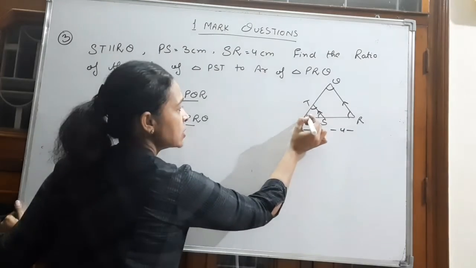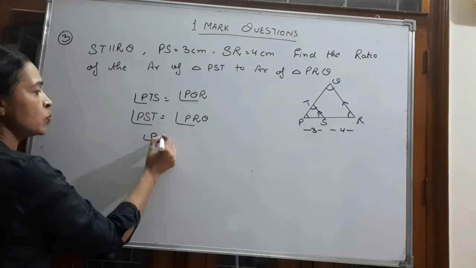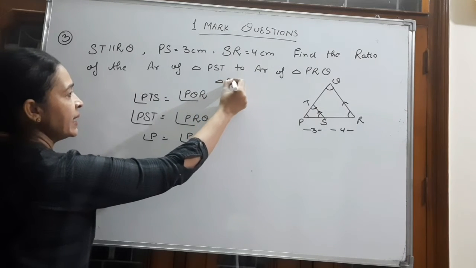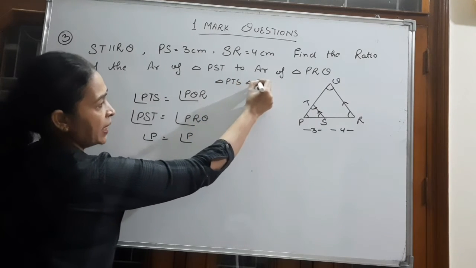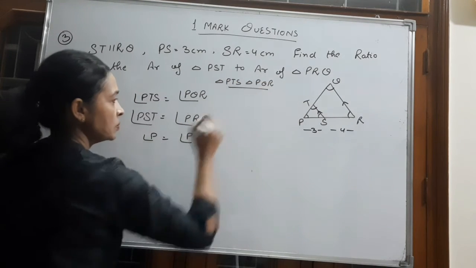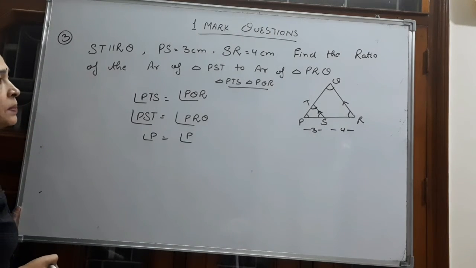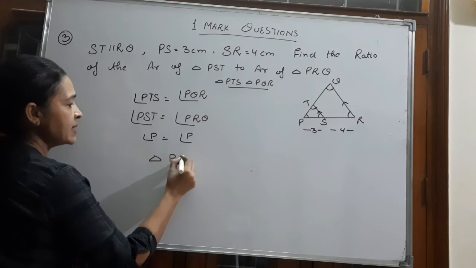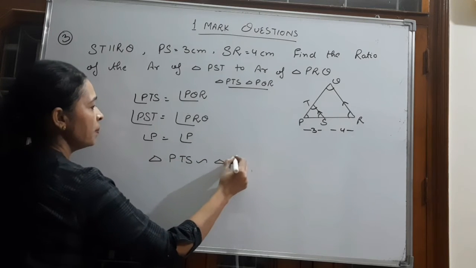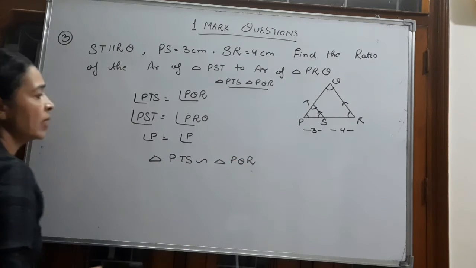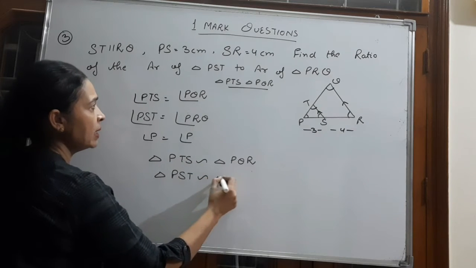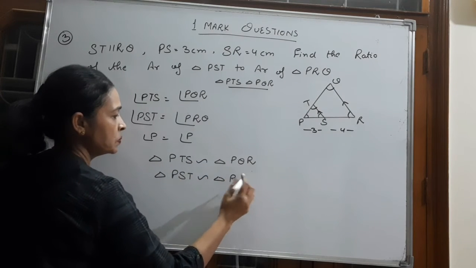And angle P is common: angle P equals angle P in both the triangles. We have two triangles, triangle PTS and triangle PQR. Both the triangles are similar. Triangle PTS is similar to triangle PQR. And if we write triangle PST, then we will write triangle PRQ.